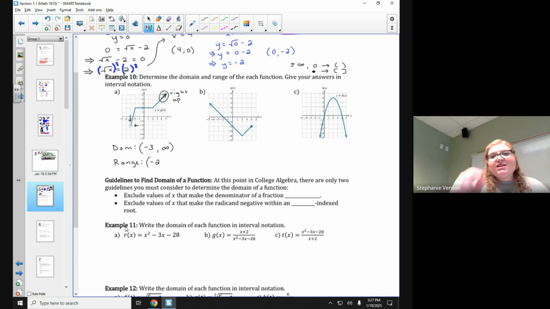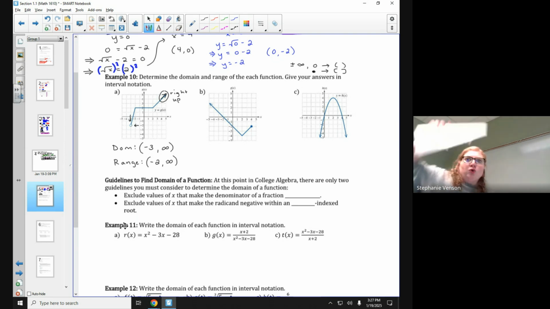So the fact that that arrow goes forever right tells me that the domain goes to positive infinity. The fact that that arrow goes forever up tells me that the range goes to positive infinity. So for 10A, the domain is -3 to infinity, that's left to right. The range is -2 to infinity, that's low to high or down to up.